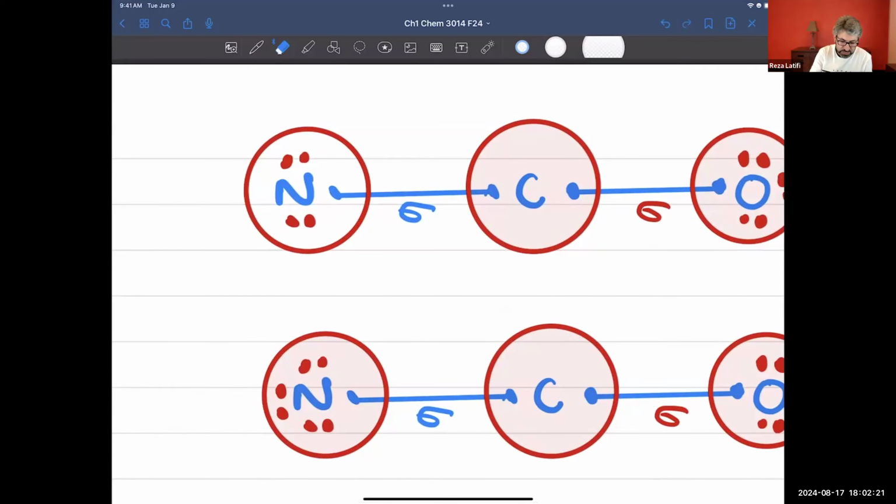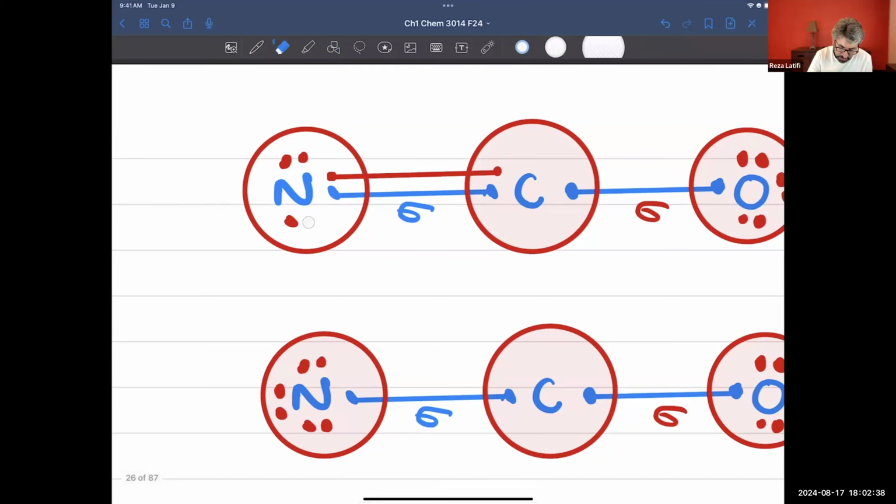Okay, next, now that you erased the lone pair, you will draw it as a new bond and you show it here. Okay, this bond is made of 2 electrons. Okay, another lone pair, I can erase that lone pair. Okay, show it by another bond.